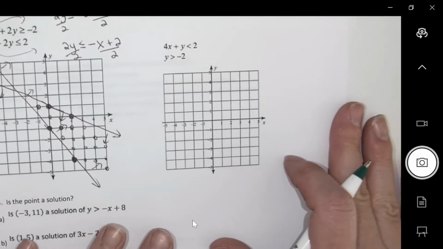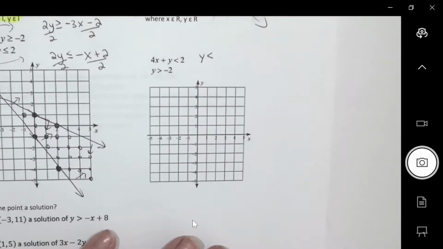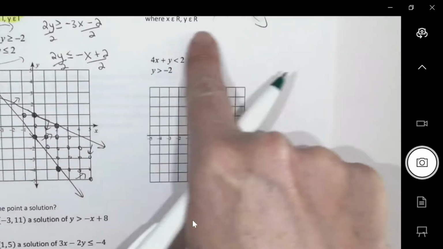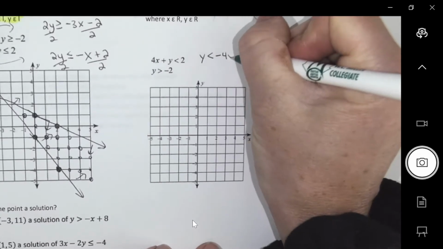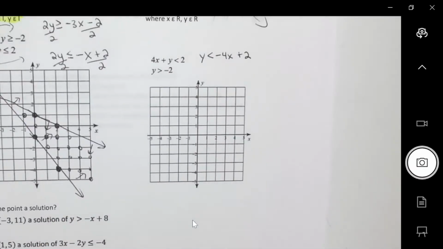Okay, last one. So here I'm going to go y is less than. Okay, I'm moving the x, so negative 4x. I moved the x.